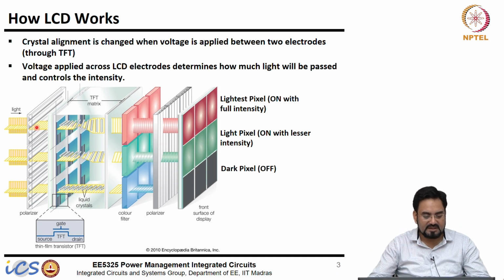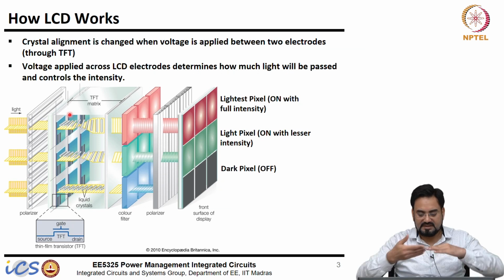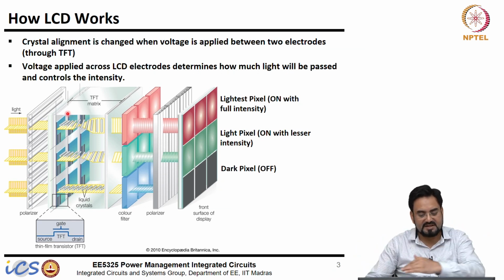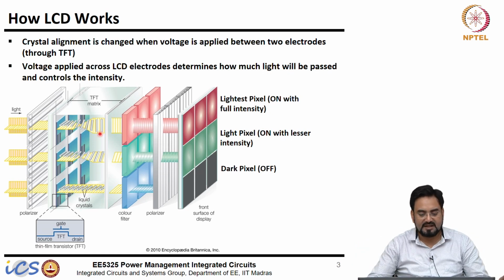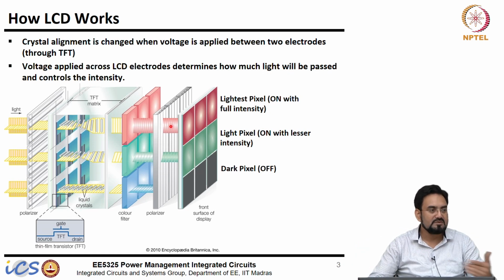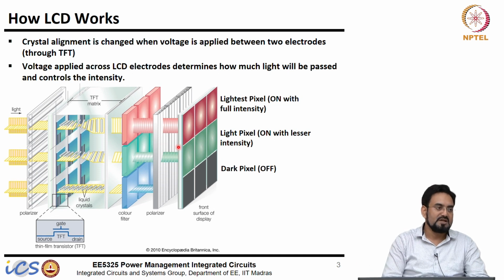So what would happen? Your light is horizontal, and as this light is guided through these liquid crystals, they will twist, and by the time it reaches your polarizer, it will be completely 90 degree oriented, and all the light will pass through the polarizer, and you will see full light appearing at the output. So in between the two, like 90 degree and 0 degree, you can say.